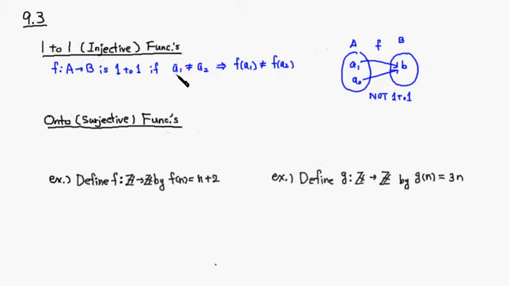Instead of saying A1 is different from A2 implies f of A1 is not equal to f of A2, we can also say, using the contrapositive, remember, not Q, so in this case f of A1 is equal to f of A2 implies not P. So it has to mean A1 is equal to A2.